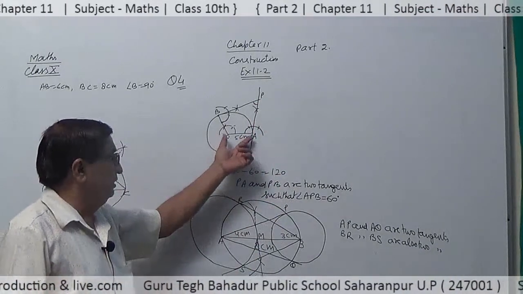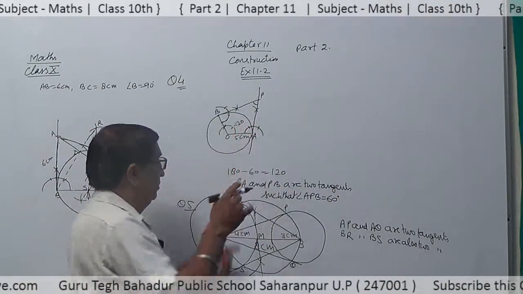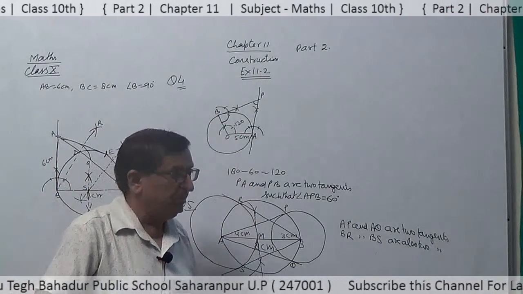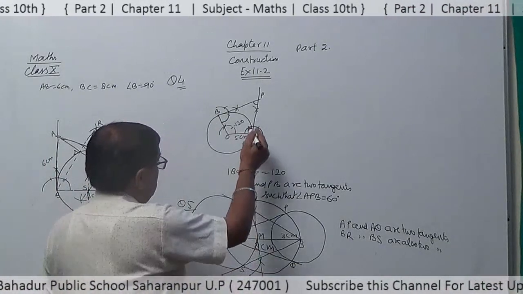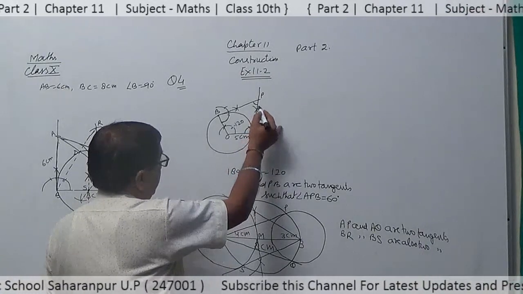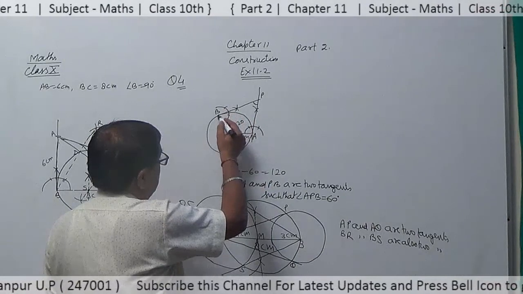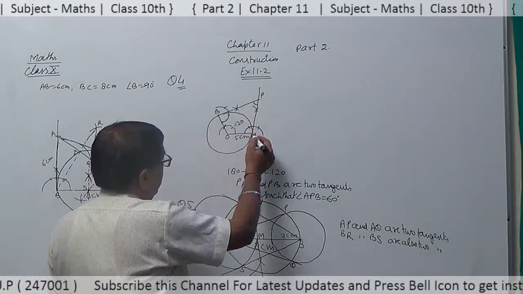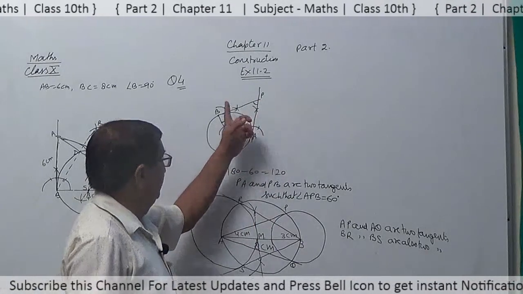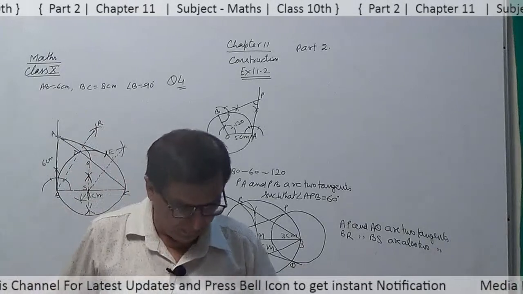So we will draw the angle of 120 degree on OA, which intersects at a point B. Now draw the perpendicular from point A of 90 degree and also the perpendicular from point B. Both perpendiculars intersect at a point P. So PA and PB are the two tangents.